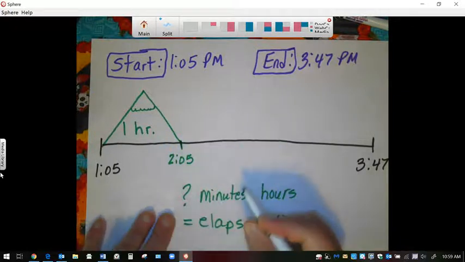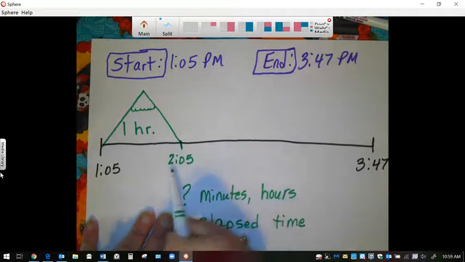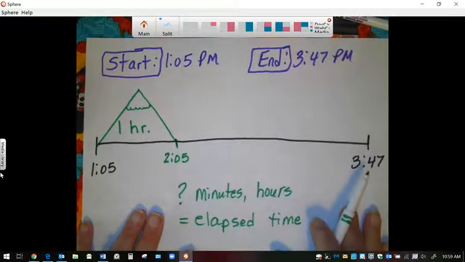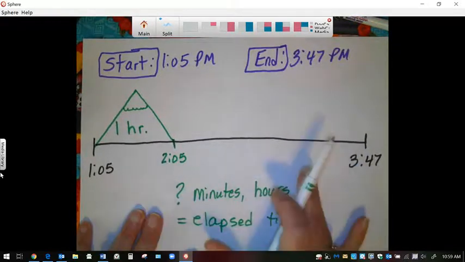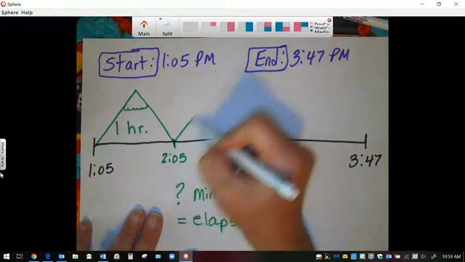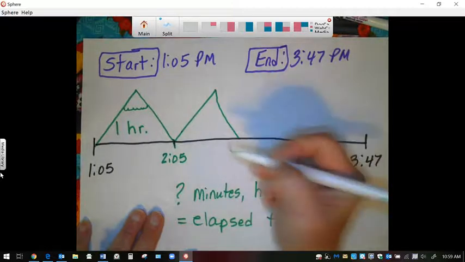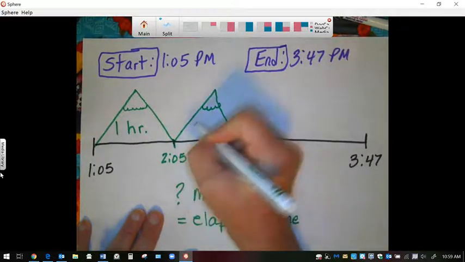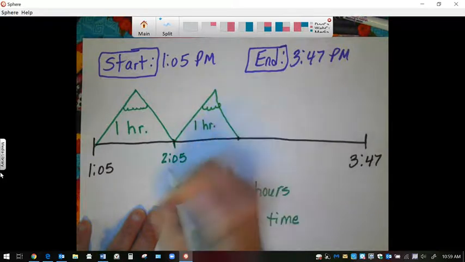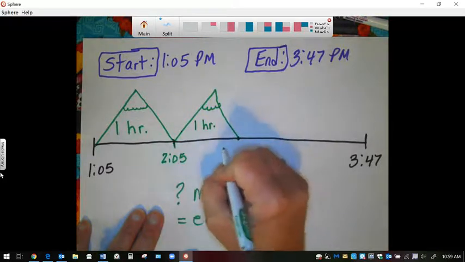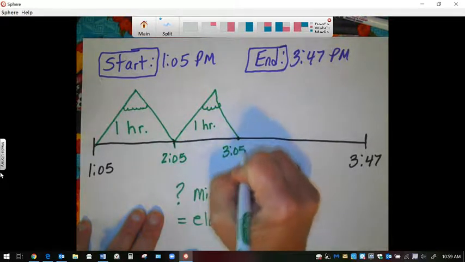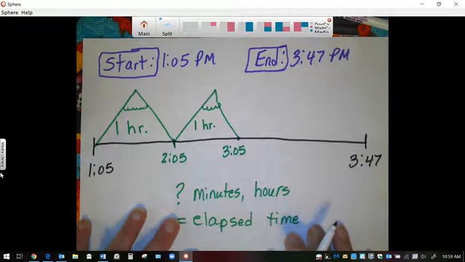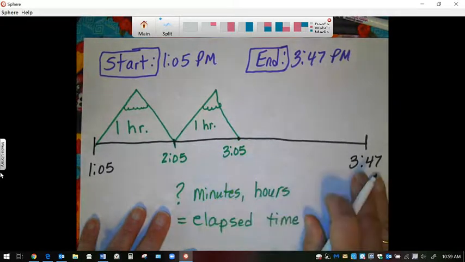All right, then I'm looking at 2:05 and I'm ending at 3:47, so I have enough time that I can do another mountain. That one's kind of crooked. And now if I add one more hour to 2:05, that makes it 3:05. Okay, and now I'm closer to 3:47.